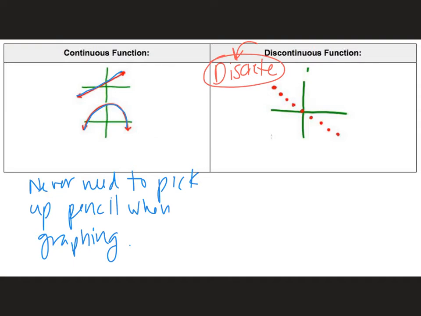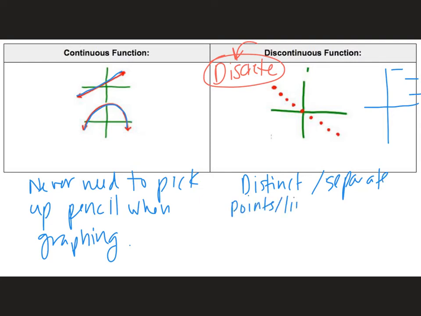Now, as I look at a discrete function, this looks like more so some points. If we remember our egg graph from Desmos, it looked kind of like this. They weren't points, but they were disconnected lines. So if we ever have distinct or separate points or lines on a graph, we know this is going to be discrete.